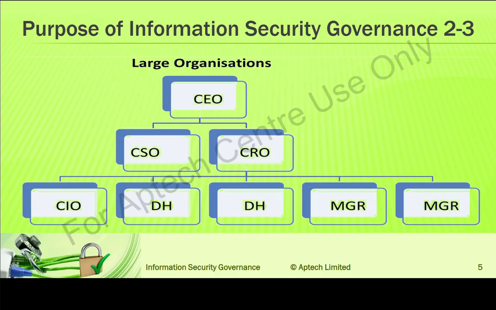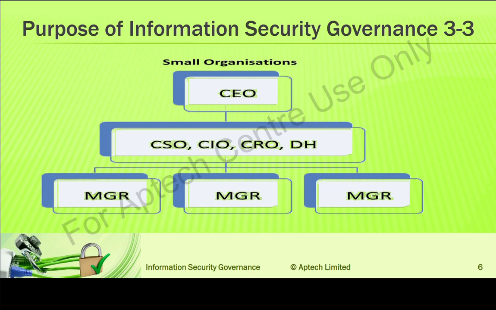This is how positions are arranged in a larger organization. In a smaller organization, we have the CEO. After the CEO, we have either the CSO, CIO, CRO, or DH, and then the MGR, another MGR, and other MGRs.